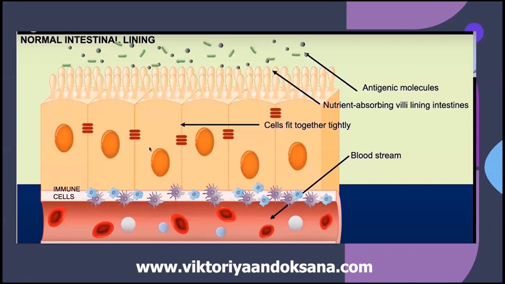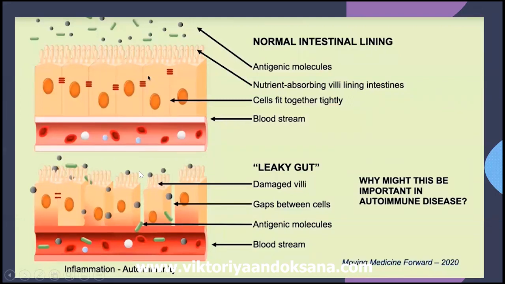But what actually happens when we get leaky gut, and what triggers leaky gut? We're going to talk about that in more detail in this class. So you can see in leaky gut, we have damage happening. The tight junctions loosen up, the spaces open up here, and molecules that have no business getting to your bloodstream start getting into your bloodstream.